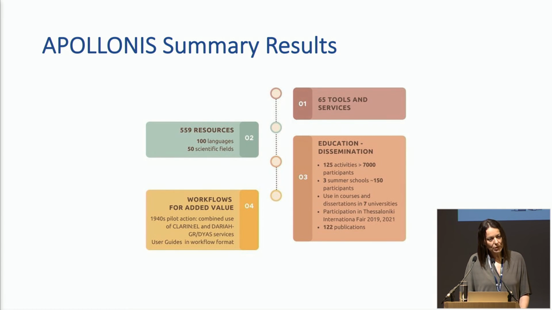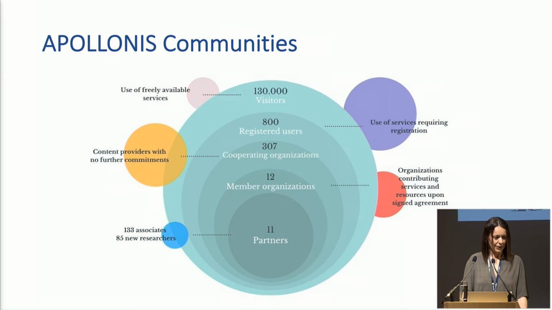But the most promising thing for us is the dissemination that we have achieved through this infrastructure. We count 125 activities, more than 7,000 participants. This is very promising for this small community of practice. So we see that the numbers are promising.